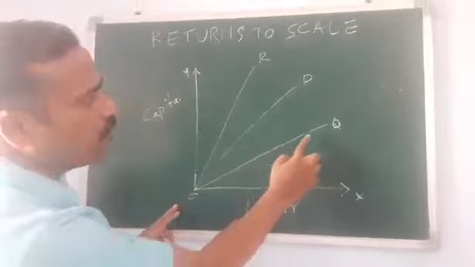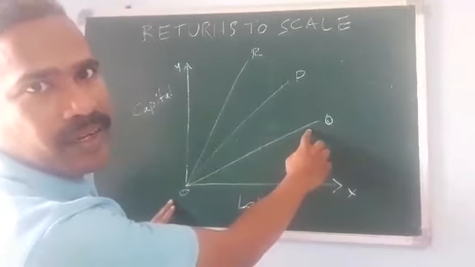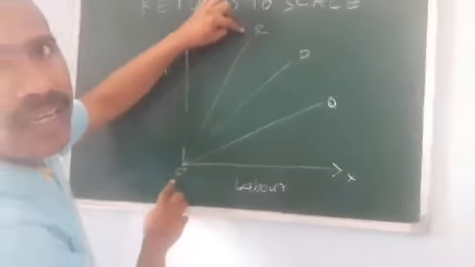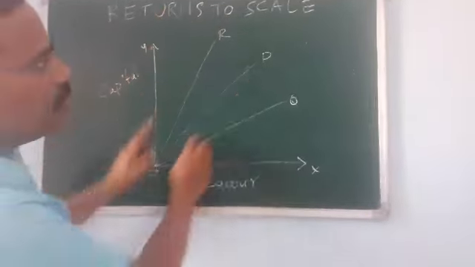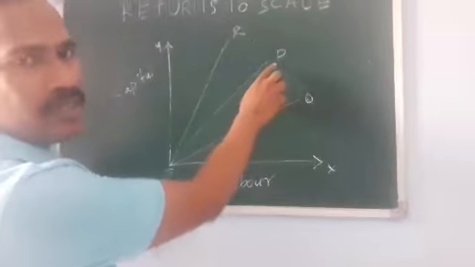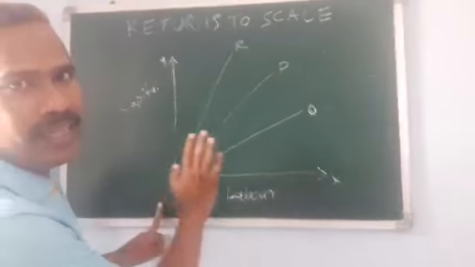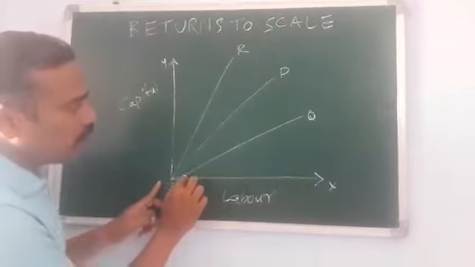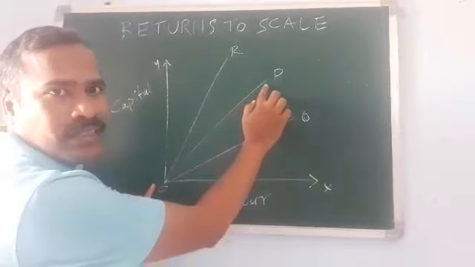If you take OQ, OQ is a labor intensive technique. If you take OR, OR is a capital intensive technique. OP is using labor and capital in the same ratio. So if we are going along a line, this is a path.